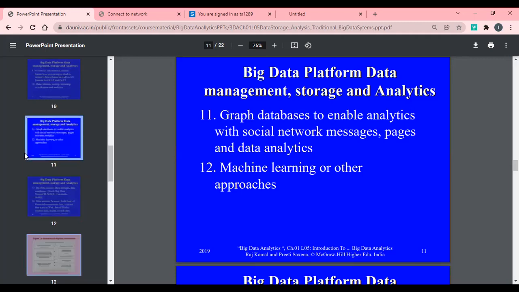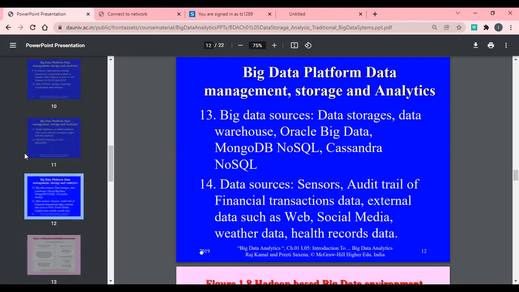The next one is big data sources: data sources, warehouse, Oracle big data, sensors, audits of financial transaction data, external data, web and social media, and healthcare records are possible for big data platform data.